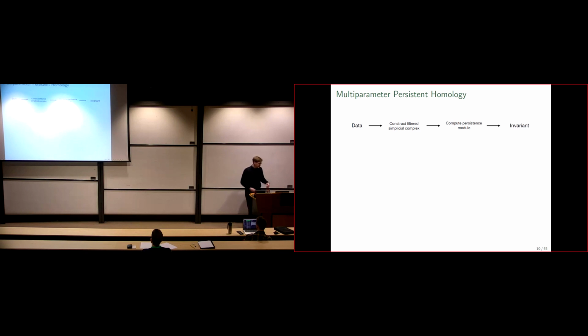You construct a filtered simplicial complex, you compute the persistence module, which is an algebraic representation of the homology of this filtration, and then you compute an invariant. For one-parameter persistence, or usual persistent homology, this invariant will be the barcode. But here we have some other invariant that we will talk about in part 2.